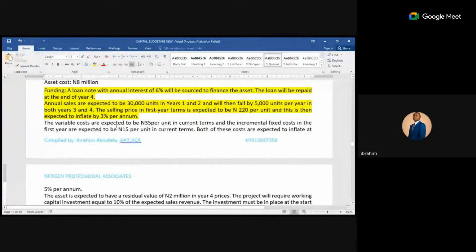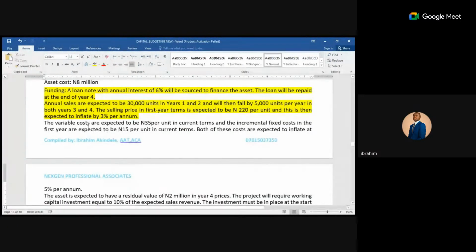The variable costs are expected to be 35 naira per unit in current terms, and the incremental fixed costs in the first year are expected to be 15 naira per unit in current terms. Incremental fixed cost is a relevant cost. Both of these costs are expected to inflate at 5% per annum.